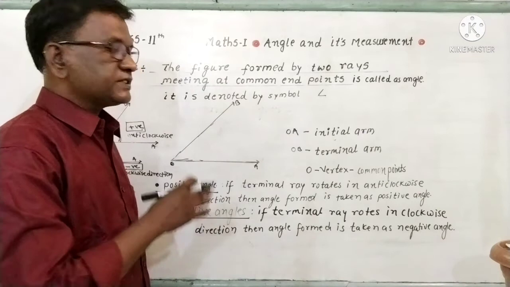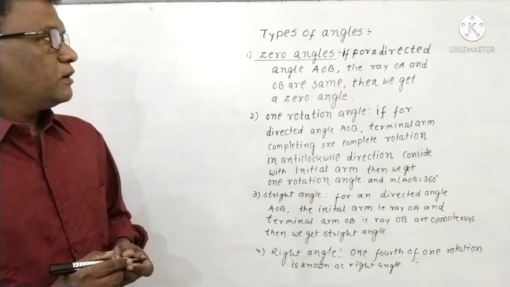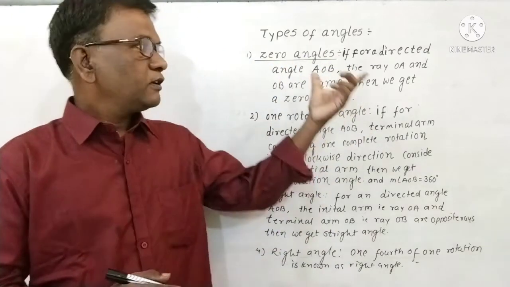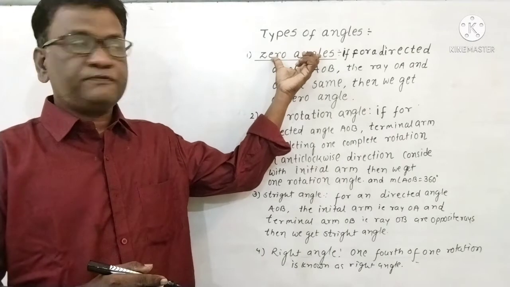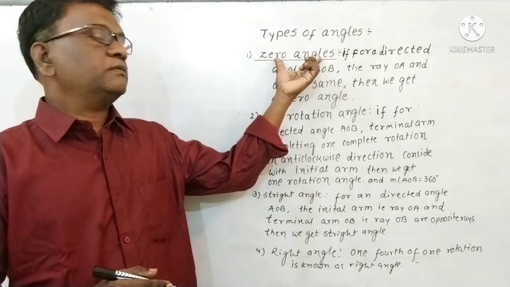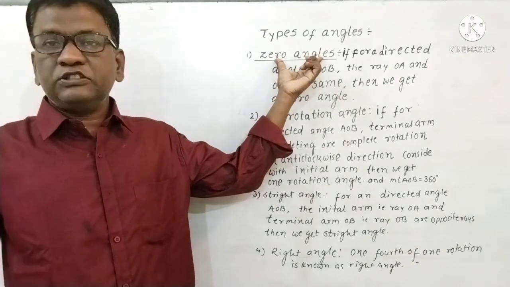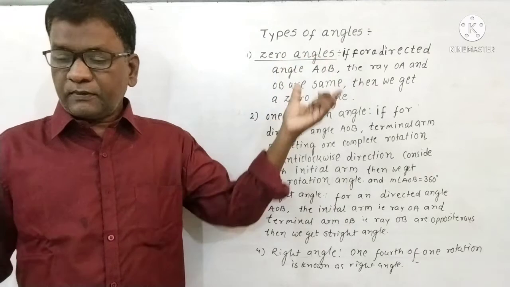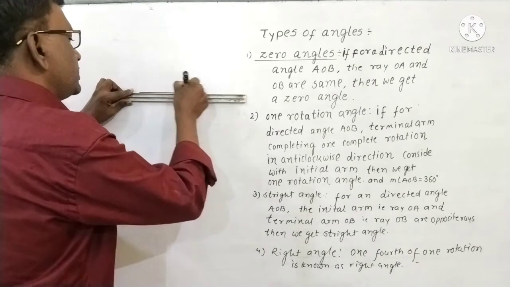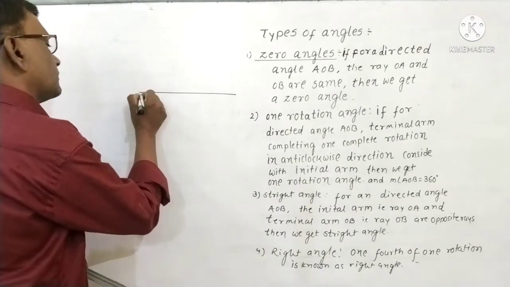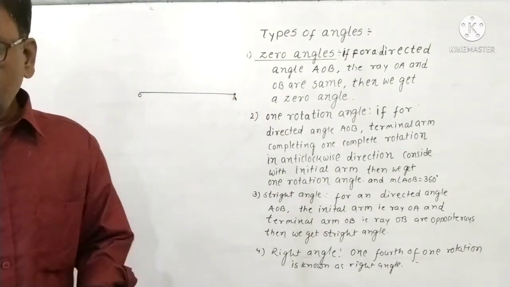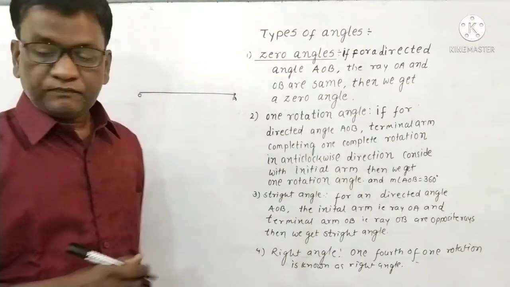So after this, let us see the types of angles. The first type of angle is the zero angle. The first one given in your textbook is the zero angle. How will you indicate this zero angle? See here, suppose OA is the initial ray and OB is the terminal ray.